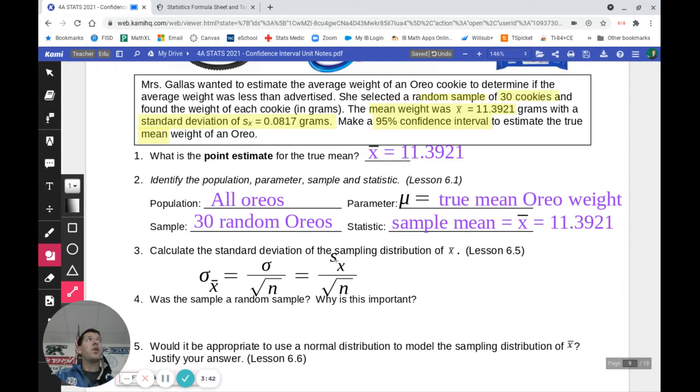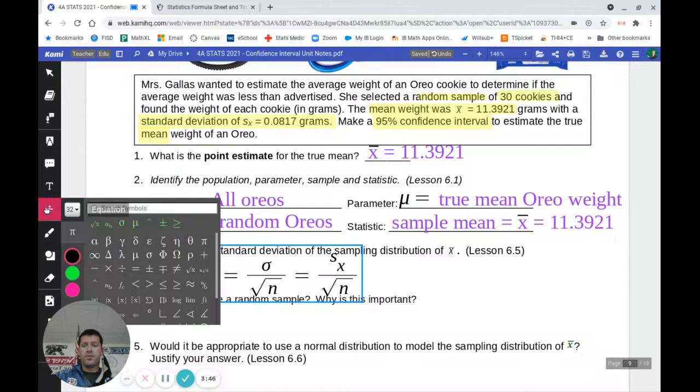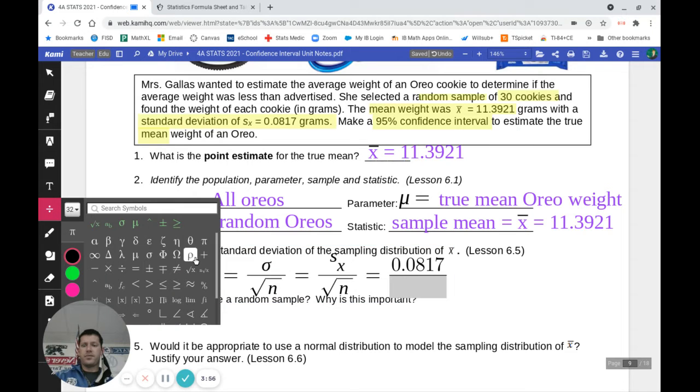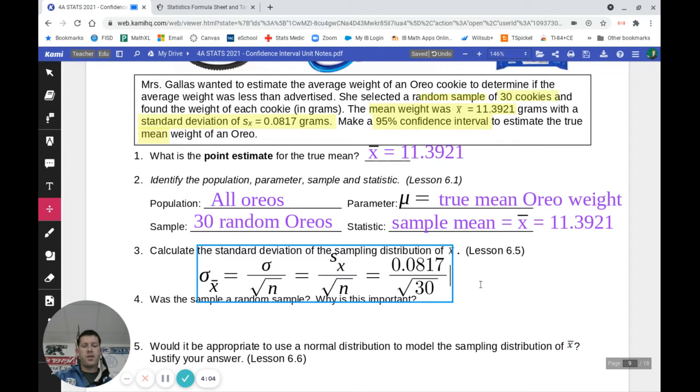We are told that the sample standard deviation is 0.0817, and we divide that by the square root of our sample size, 30 Oreo cookies. When we find that, we get 0.0149.